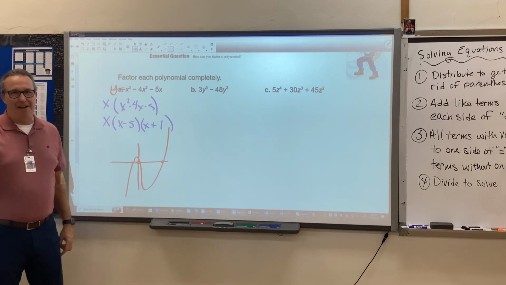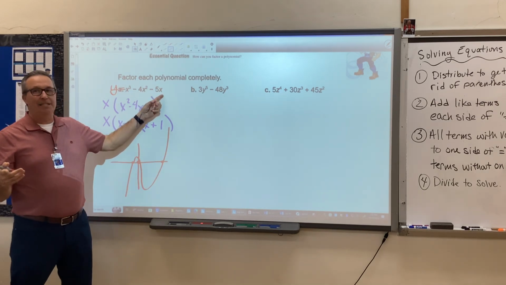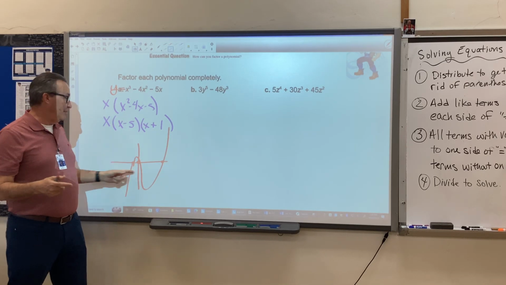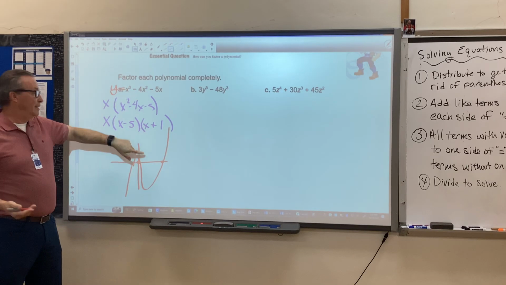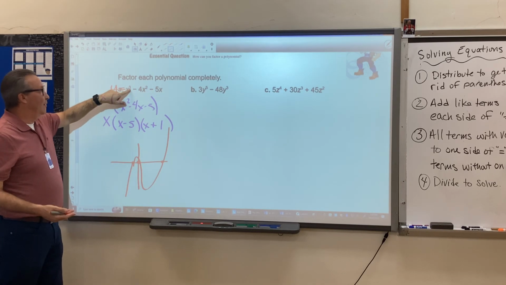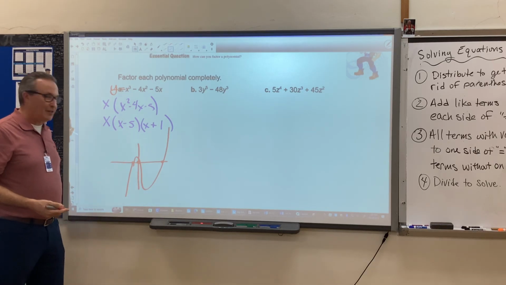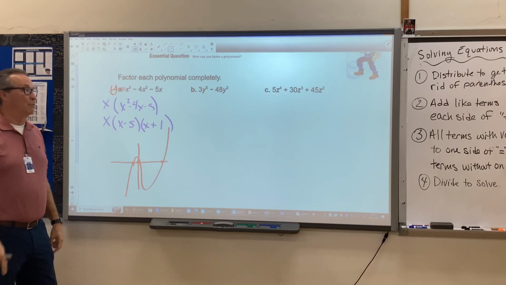That's something you guys have to do on some tests. You factor it, find the zeros, then look at the leading term: it's positive, so the right side goes up; the power is odd, so the left side goes down. That's what we're doing soon. Who's the next person?